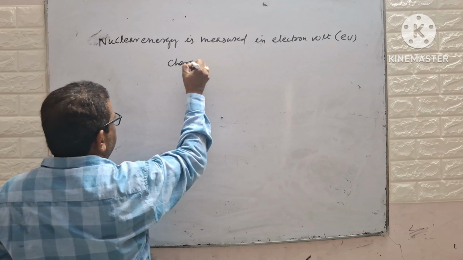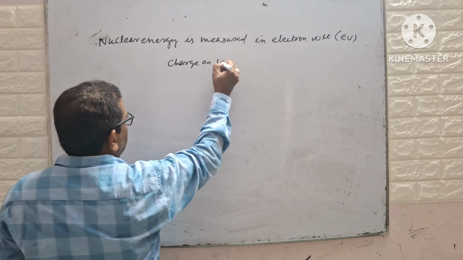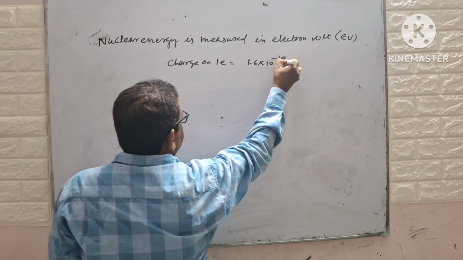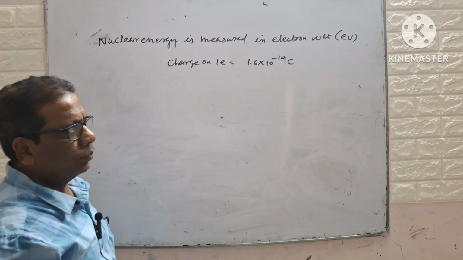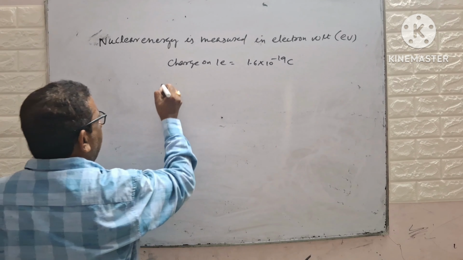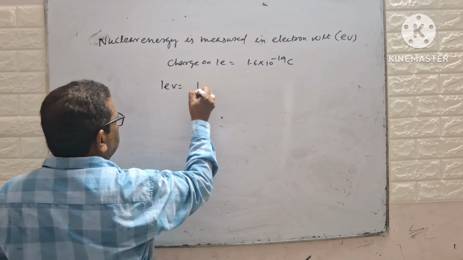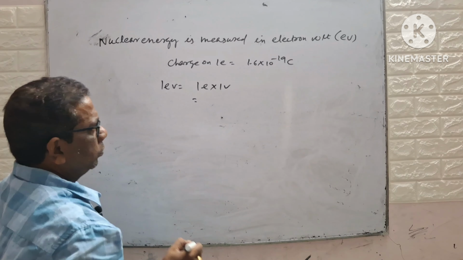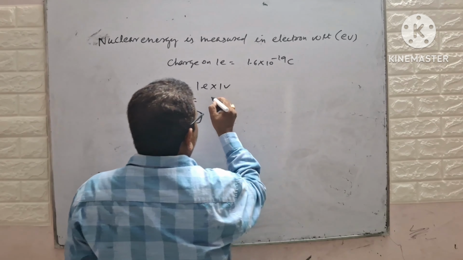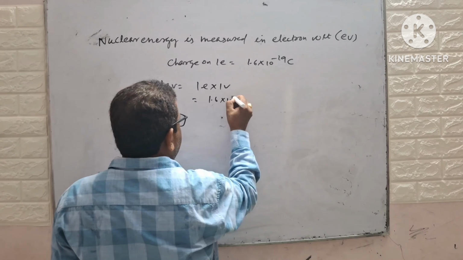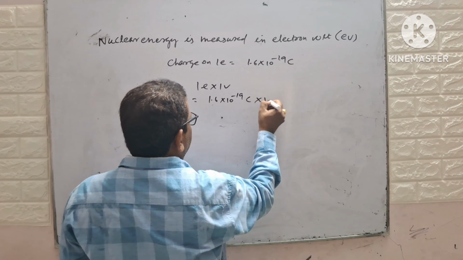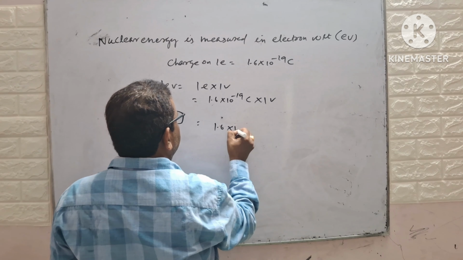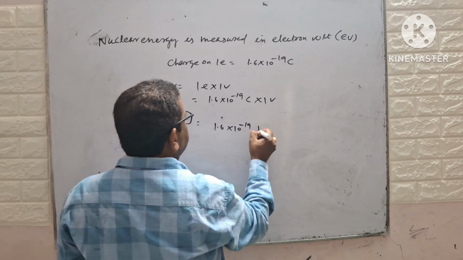Charge on one electron is 1.6 into 10 to the power minus 19 coulomb. 1 eV is equal to charge on one electron into 1 volt, that is 1.6 into 10 to the power minus 19 coulomb into 1 volt, or 1.6 into 10 to the power minus 19 joule.